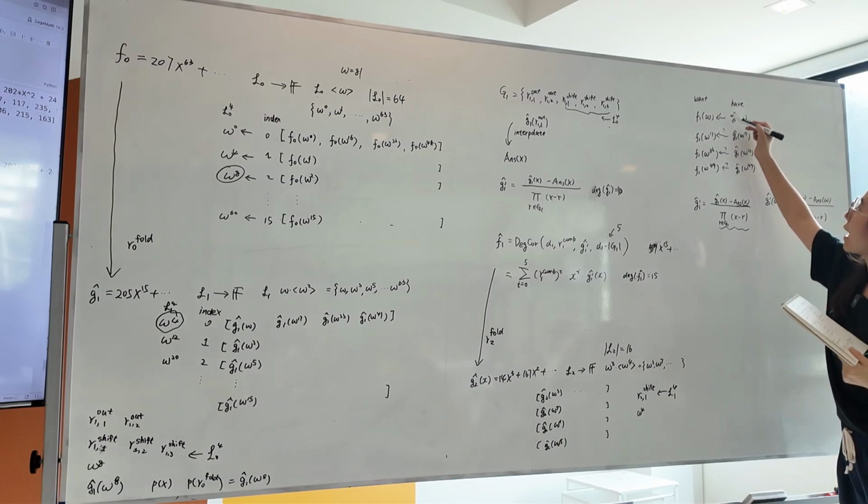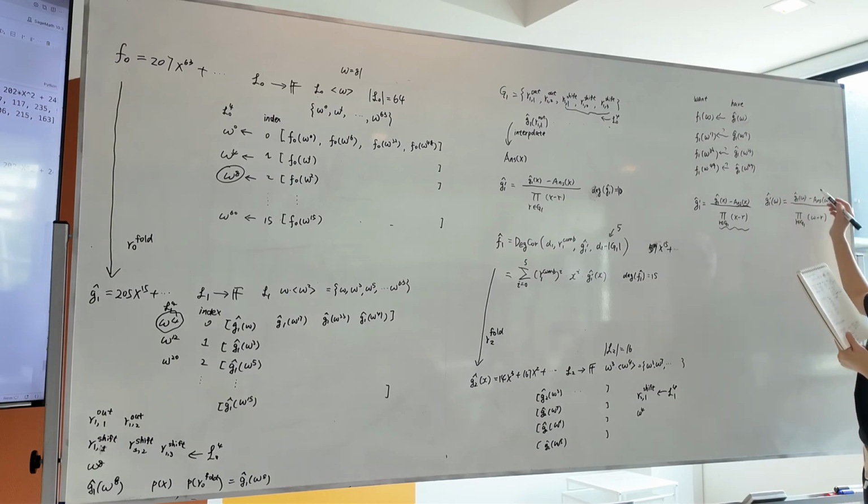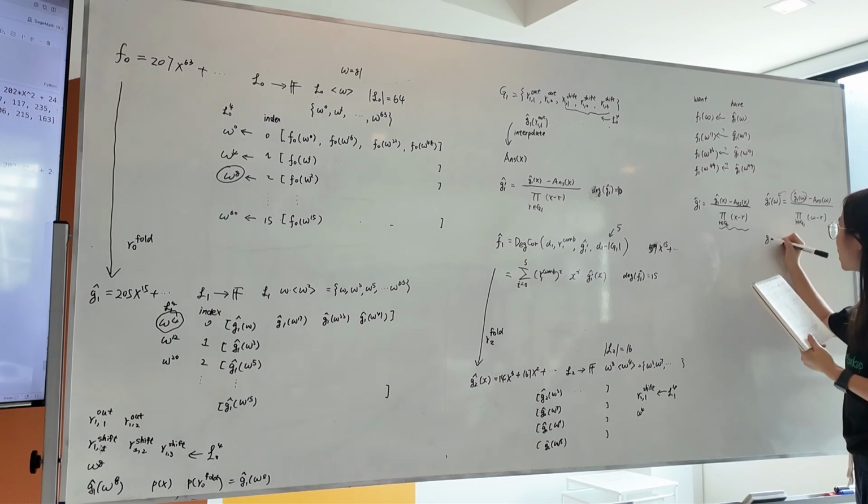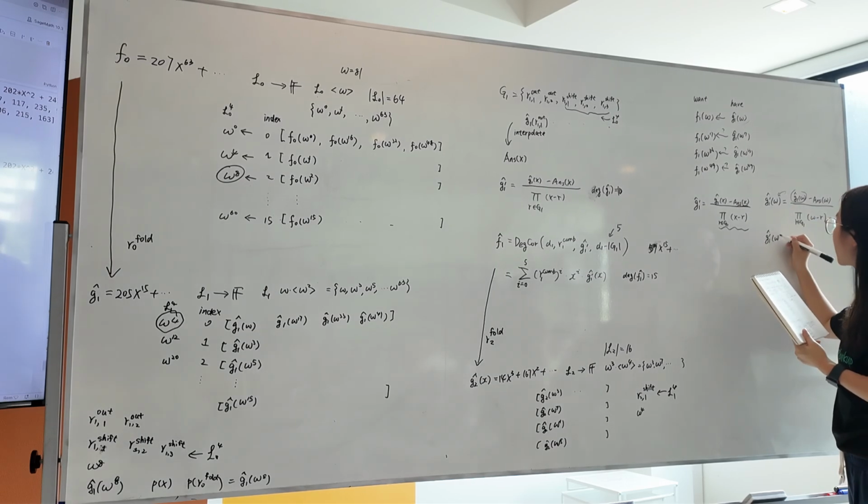Because the verifier has these values, he can use them to get G1 prime hat omega.